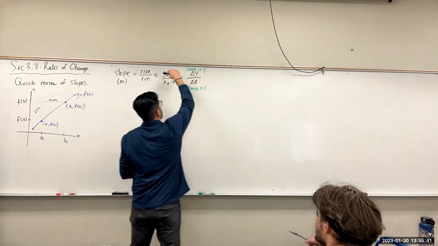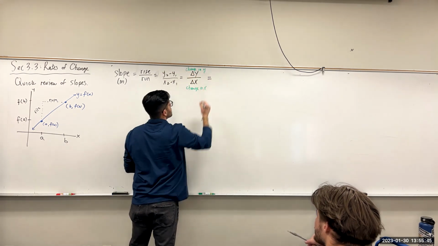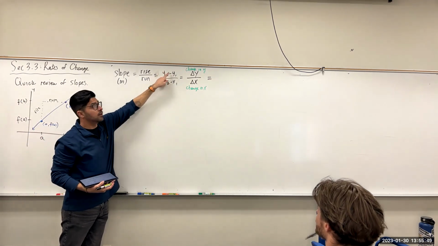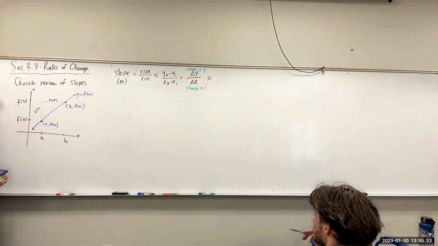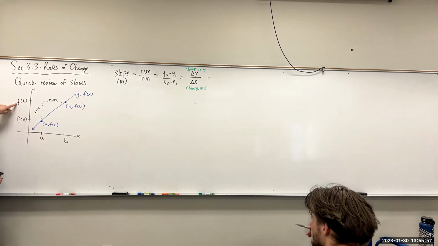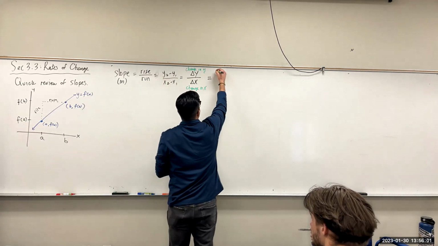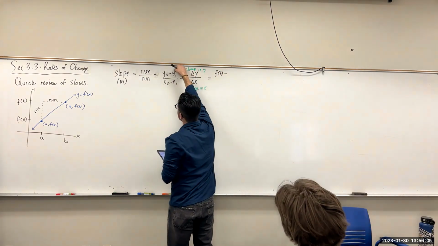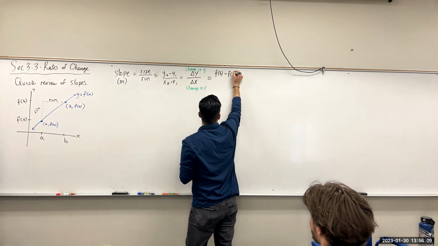But they're not going to use this notation that you learned in your past algebra class, because now the y values are thought of as outputs of functions. So what are we calling that second y value? We're calling it f of b. The second y value is f of b, minus the first y value, which we're calling f of a.